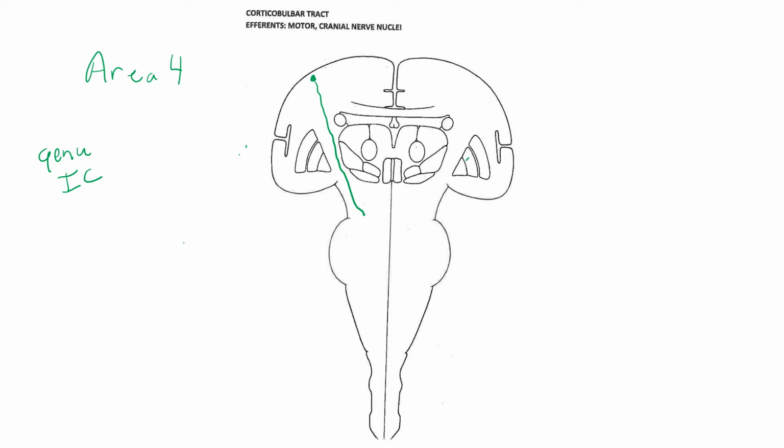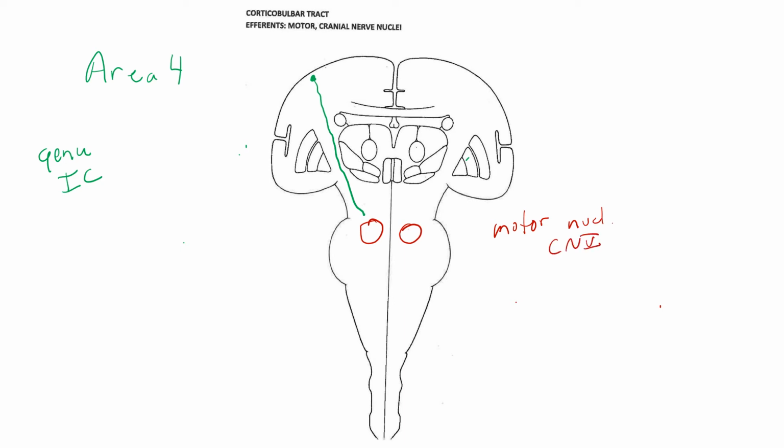The first nucleus that we have voluntary motor control over, that's not an eye nucleus, is going to be cranial nerve 5. So I'm going to show a circle here representing the motor nucleus of cranial nerve 5.